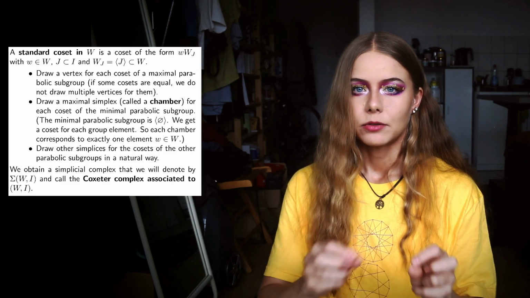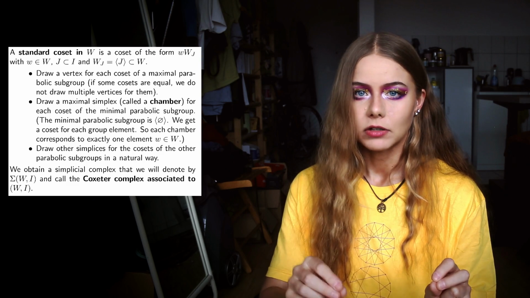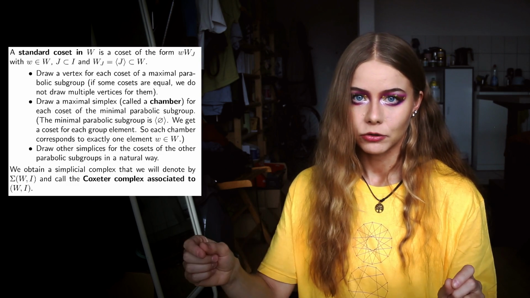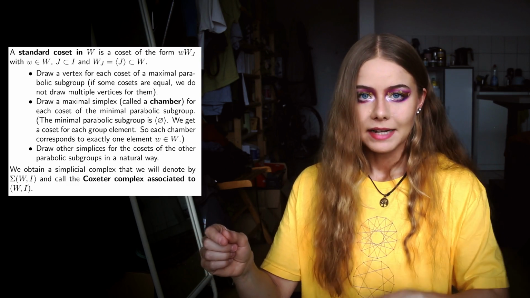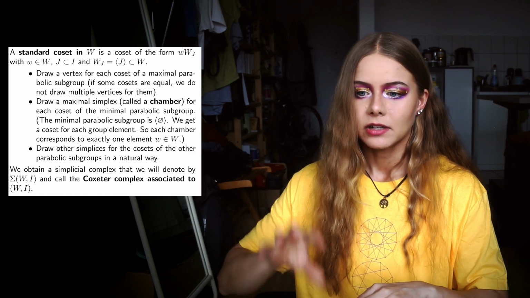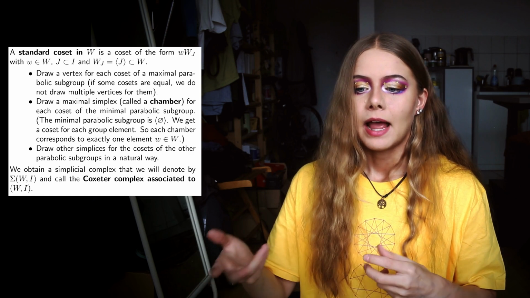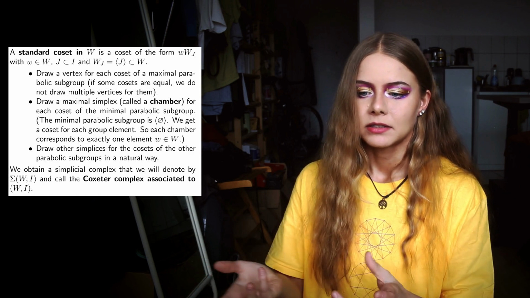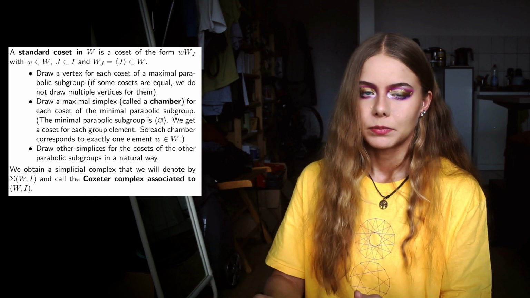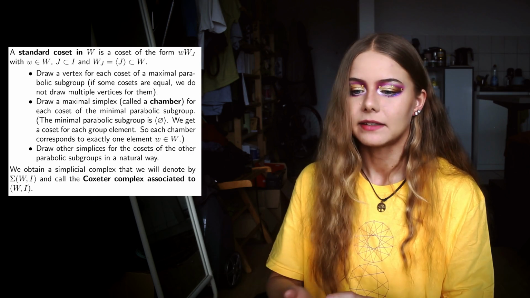We say that we draw a vertex for every coset of a maximal parabolic subgroup, and we draw a maximal simplex for each coset of the minimal parabolic subgroup. As I've said before, the minimal parabolic subgroup is always just the trivial group, only the identity.